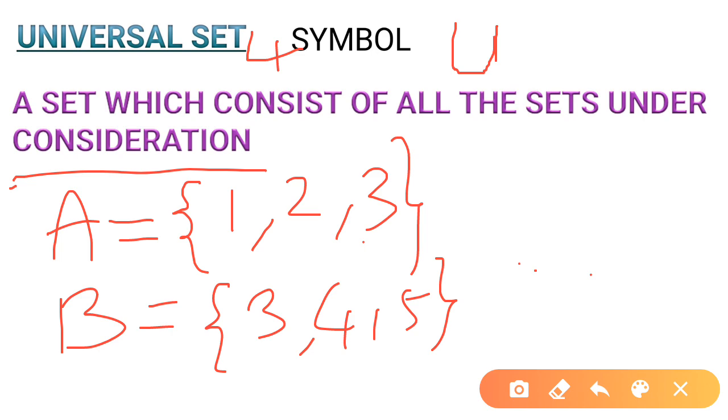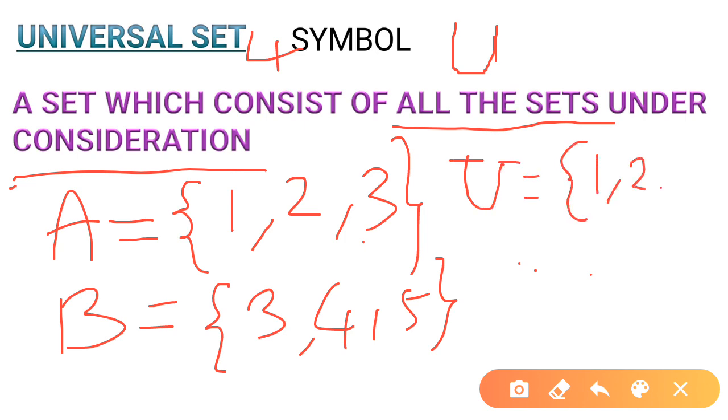All the sets means here just two sets. In that I'm writing the universal set as {1, 2, 3, 4, 5}. This is a universal set for our considered sets.